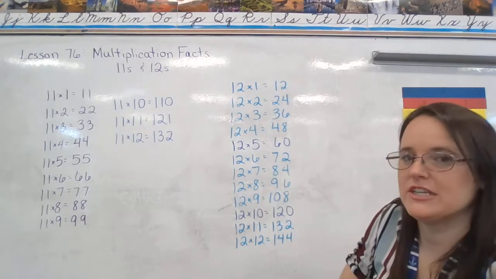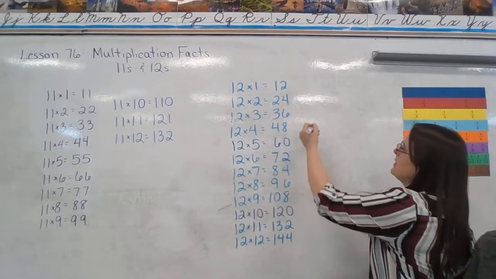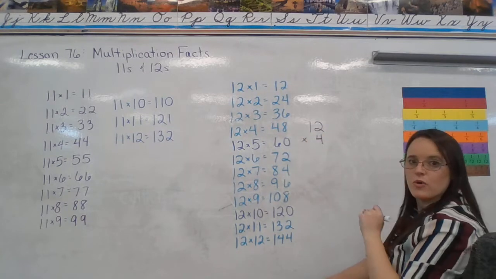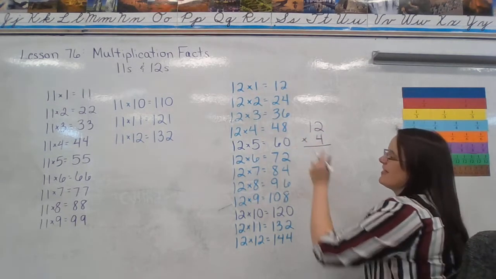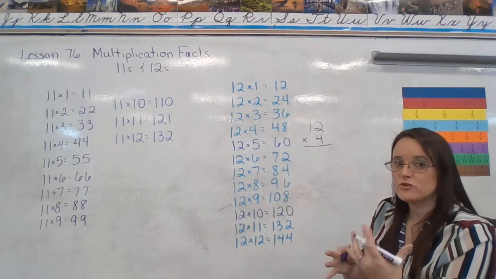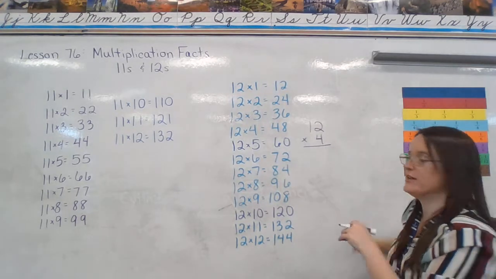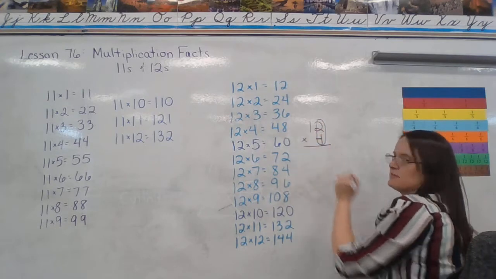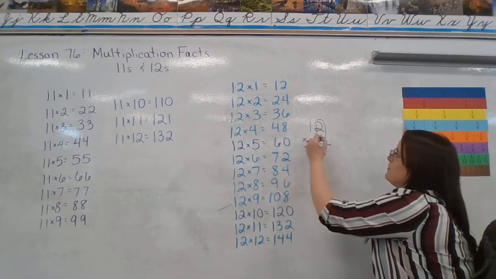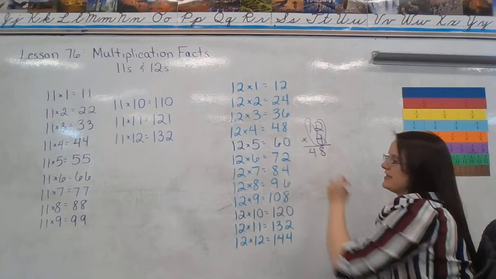So we're multiplying times 12. Really, if we were going to look at this problem as a 2-digit multiplication problem, we would have, let's say, 12 times 4. What we're doing here, I haven't shown you this yet. It is coming up. So you're going to get a really quick preview of a future skill. When we multiply a 2-digit number times a 1-digit number, we multiply the ones place, so the 4 times the 2, and we get 8, and then we multiply the tens place, so the 4 times the 1, and we get 4.